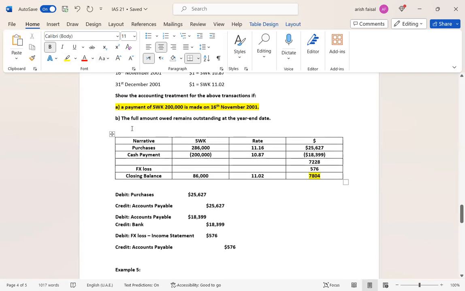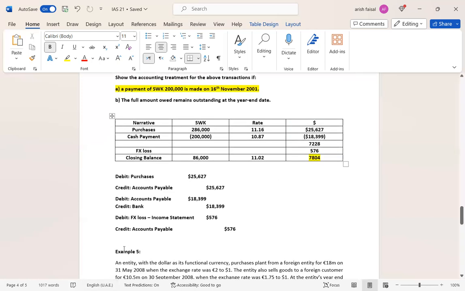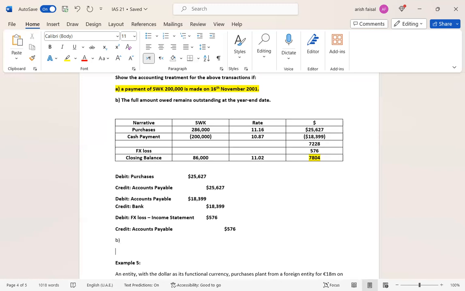Okay. Now, part B of this question says the full amount owed remains outstanding at the year end date, right? So no payment has been done. So in that case, what I'm going to do is that 286,000 will be retranslated at 11.02. 286,000 divided by 11.02.